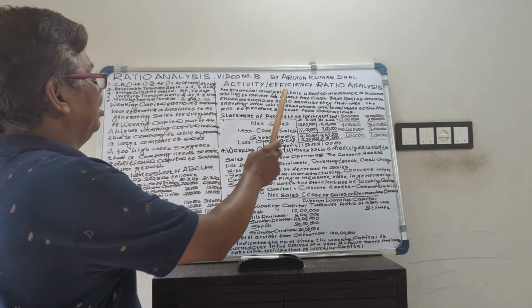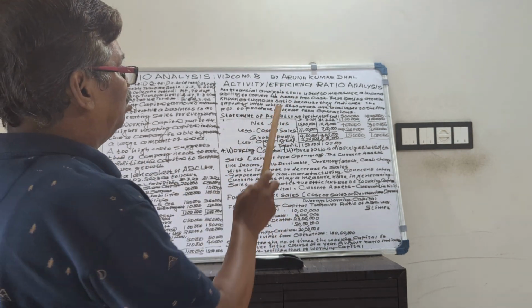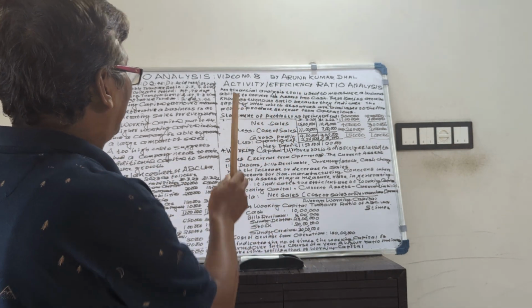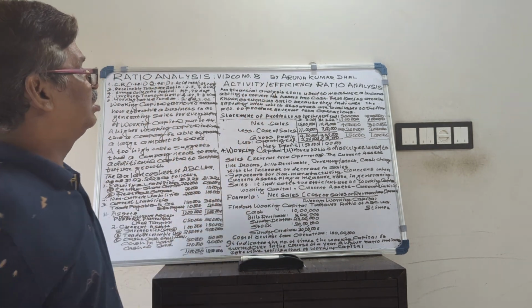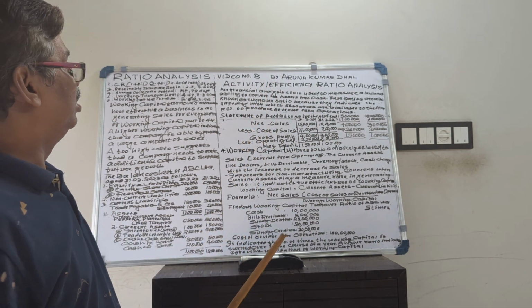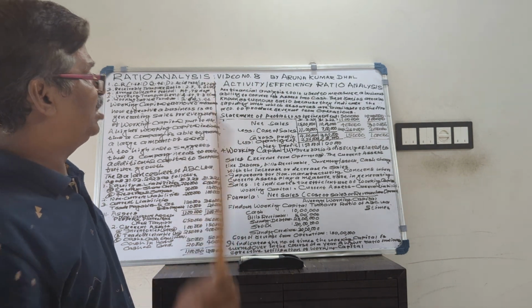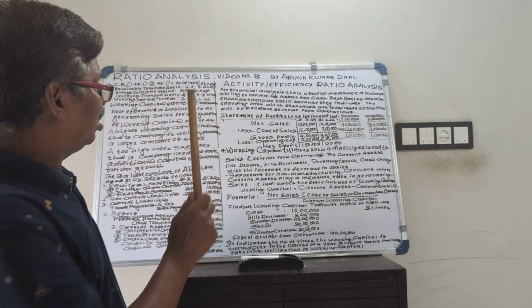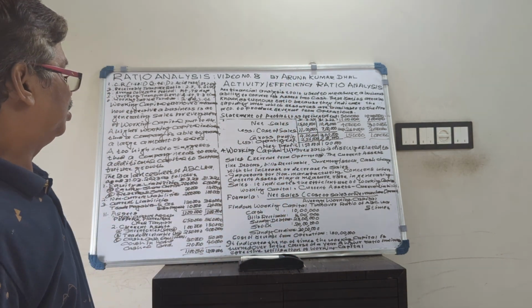So, activity or efficiency ratios are financial analysis tools which are used to measure a business's ability to convert its assets into cash. These ratios are also known as turnover ratios because they indicate the rapidity with which resources are available to the firm or company to produce revenue from operations.